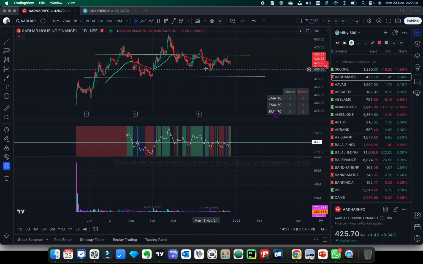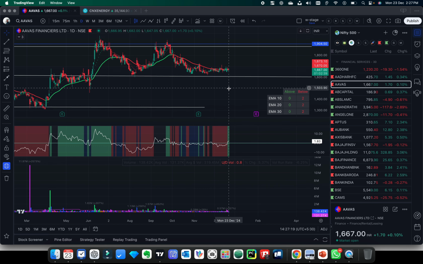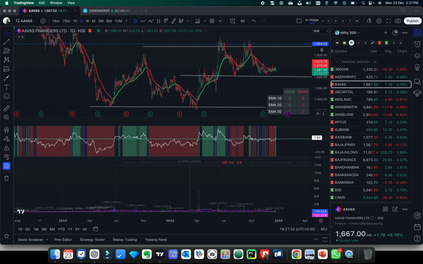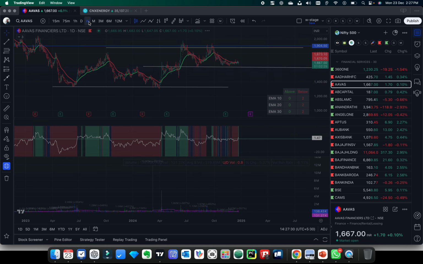Consolidation within the range. So again here consolidation. So moving average got resistance here and consolidating. Let's go to the weekly chart.